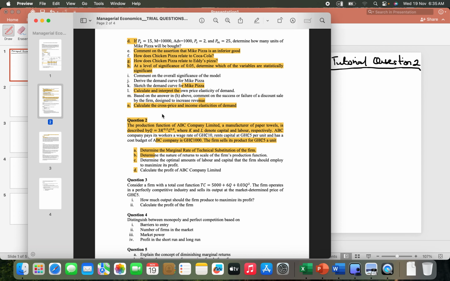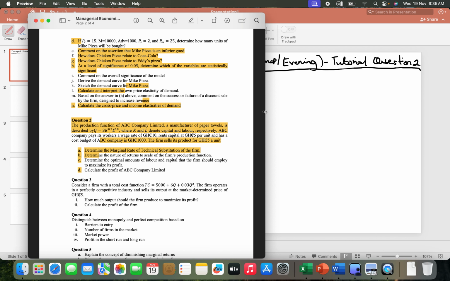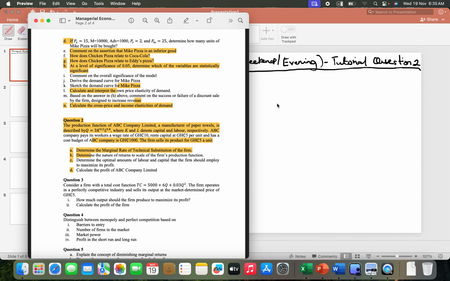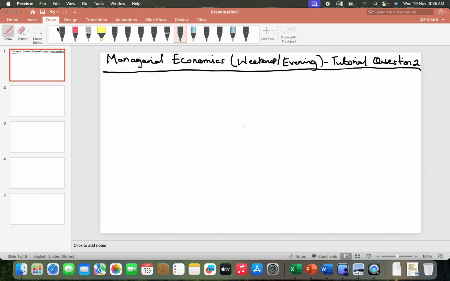So let's write down the equation. We're given Q = 3K^0.2 L^0.8.